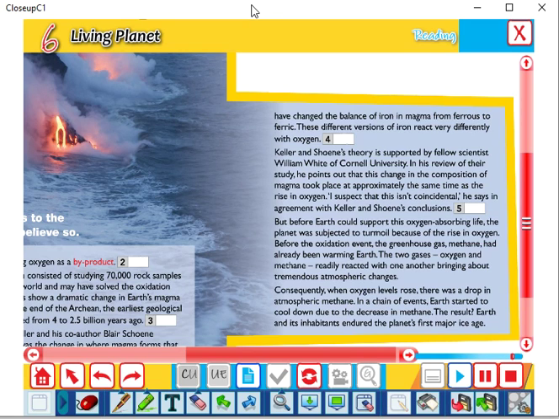Consequently, when oxygen levels rose, there was a drop in atmospheric methane. In a chain of events, Earth started to cool down due to the decrease in methane. The result? Earth and its inhabitants endured the planet's first major ice age.